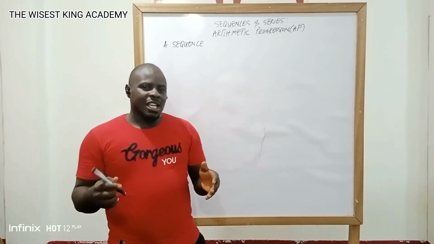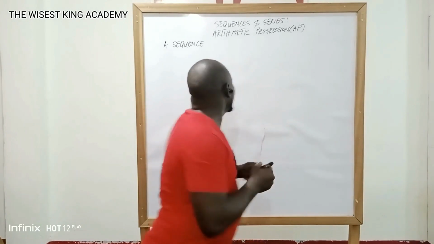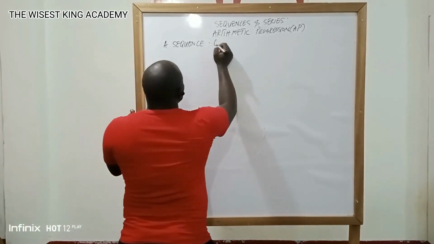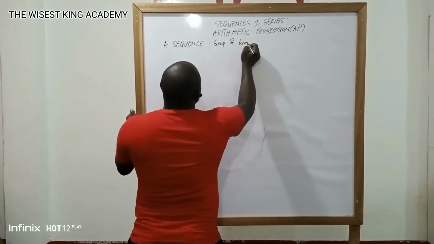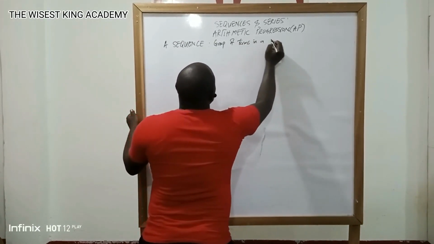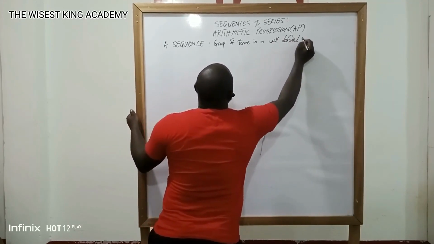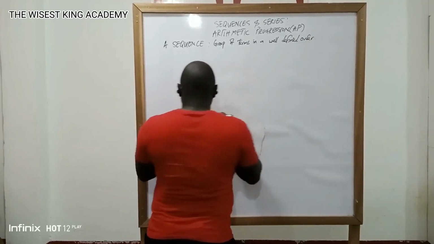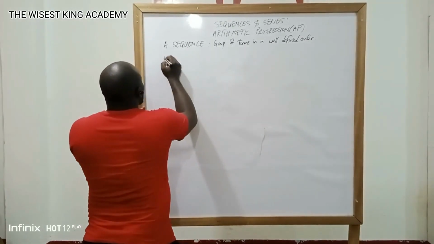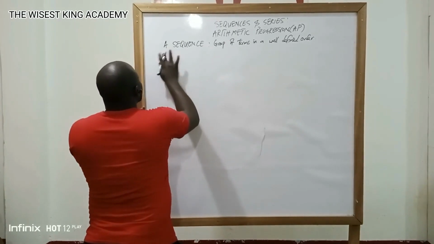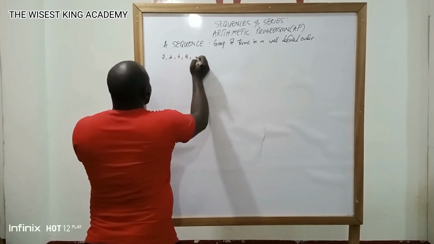A sequence is a group of terms in a well-defined order. That's a sequence. For example, we have 2, 4, 6, 8.